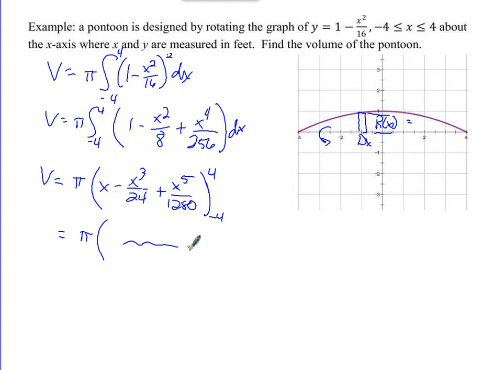Bunch of stuff, minus some stuff. Want the exact answer. 64 pi over 15.